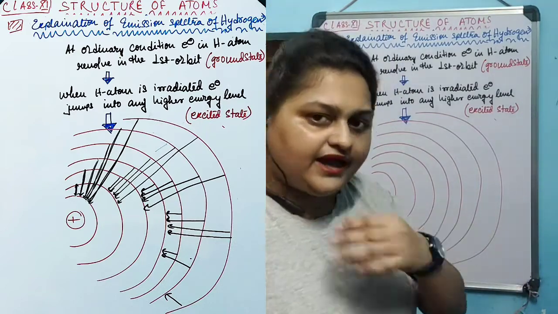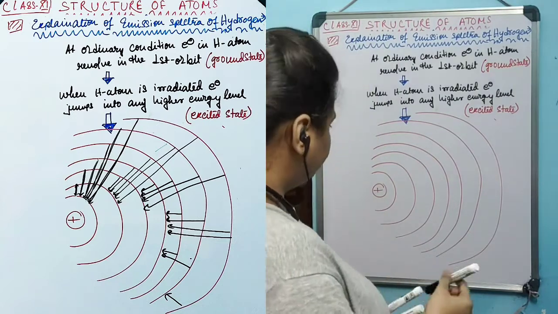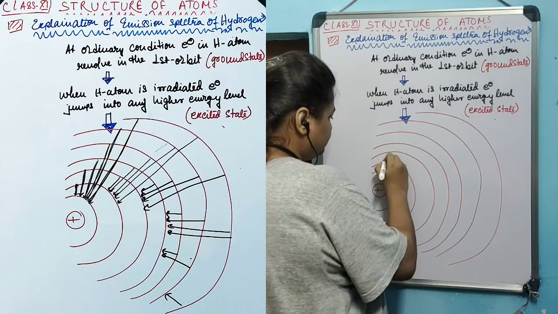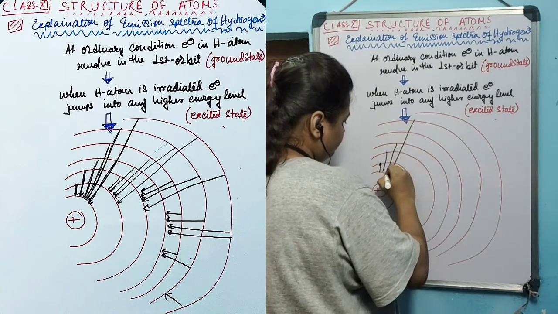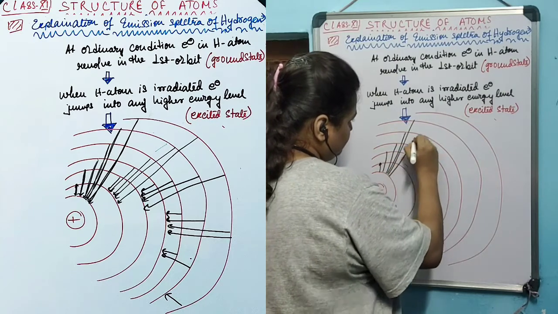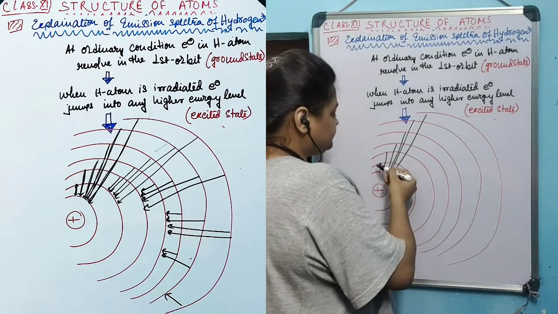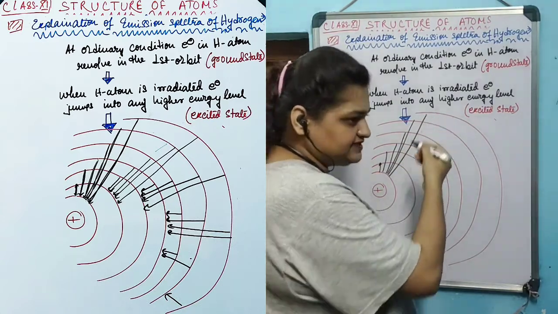Suppose an electron residing in the first energy level jumps to the second or third or fourth or fifth or sixth or seventh, that is, the jump is happening from first to second, second to third, third to fourth and so on.